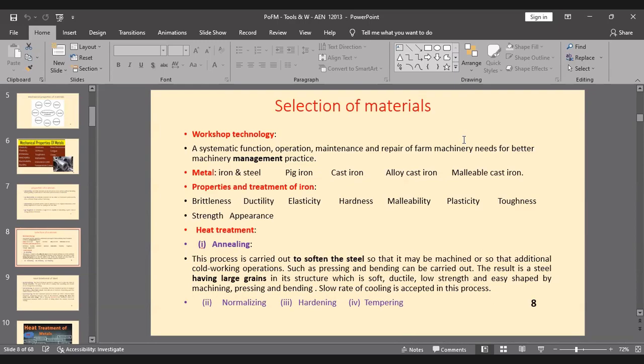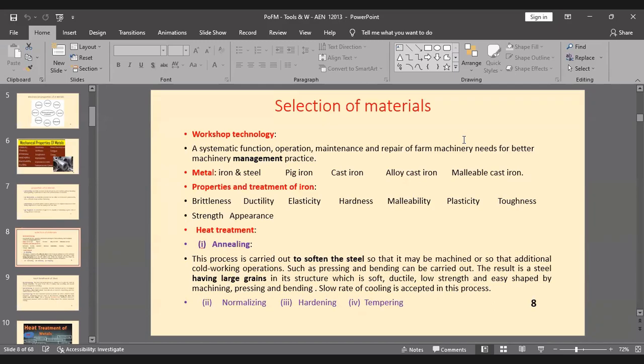Heat treatment: annealing, normalizing, hardening, tempering, quenching. There are some others available, right? Anyway, not everything needs to be told, only limited knowledge.